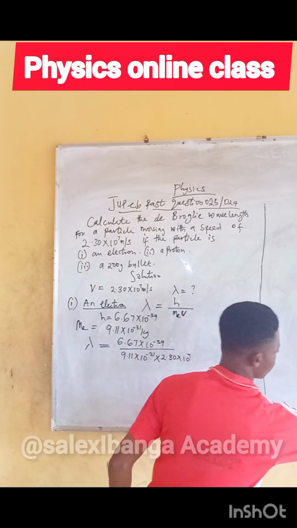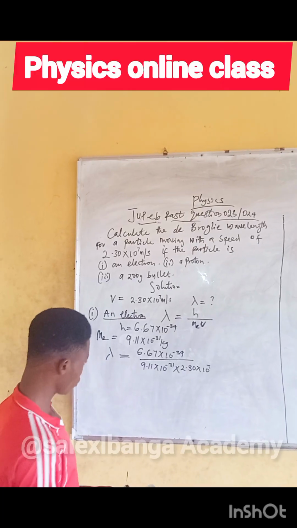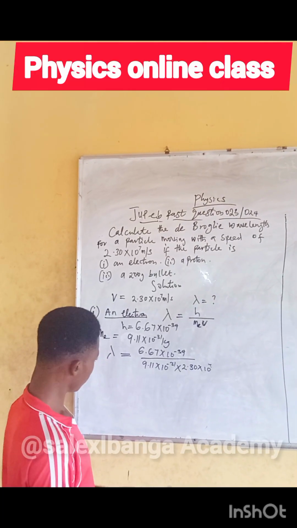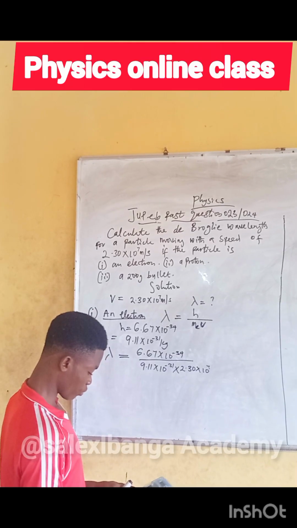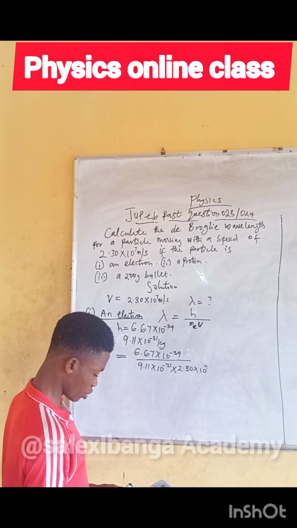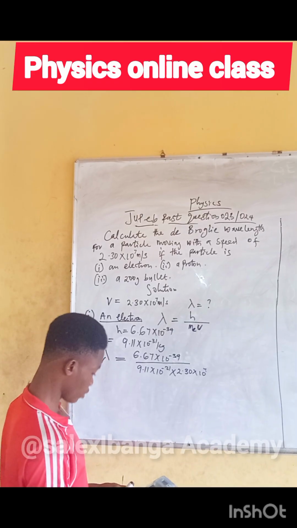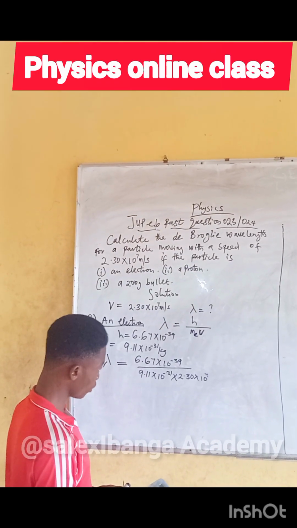So let's quickly check what the denominator will resolve to. Let me take 9.11 times 10 raised to the power minus 31 times 2.30 times 10 raised to the power 7.